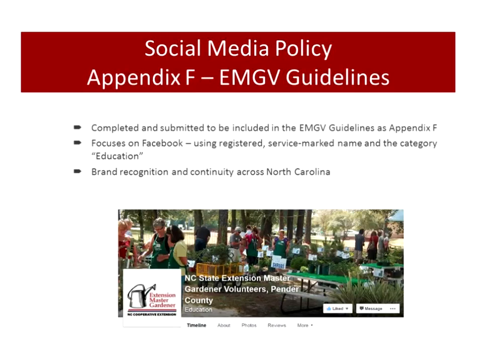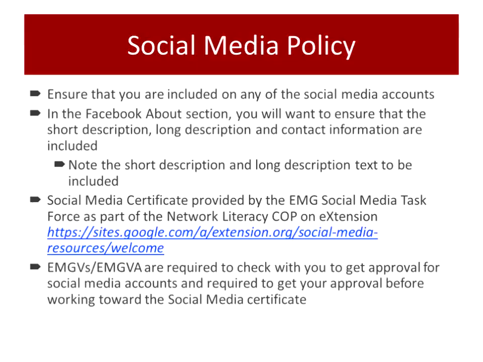In essence, as the volunteers are starting their Facebook pages or other social media efforts to extend outreach, it's a way that we can make sure that it's recognizable across the state and there's brand recognition and continuity. It also makes sure that the agents are on those media accounts just in case volunteers end up leaving or going somewhere else, so that you still have access to those sites.